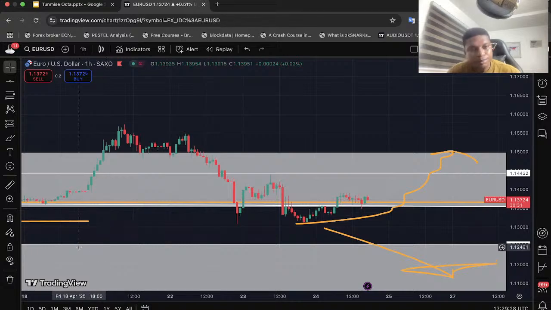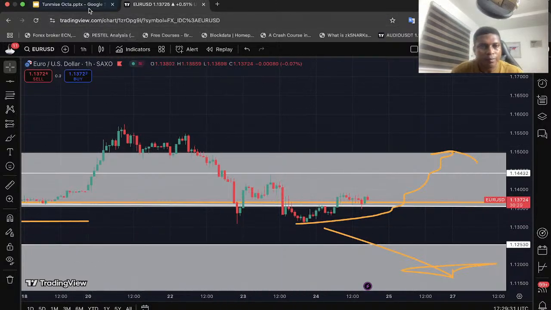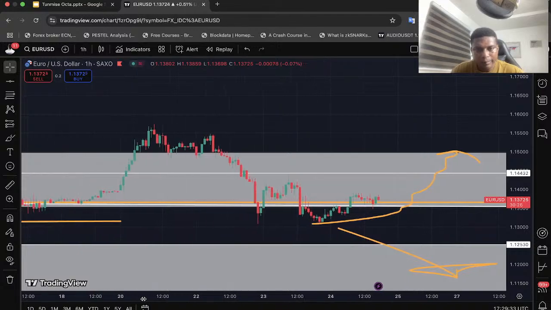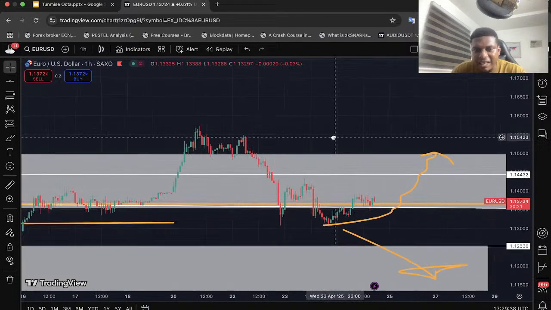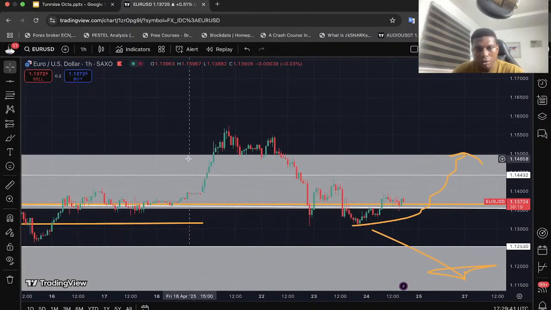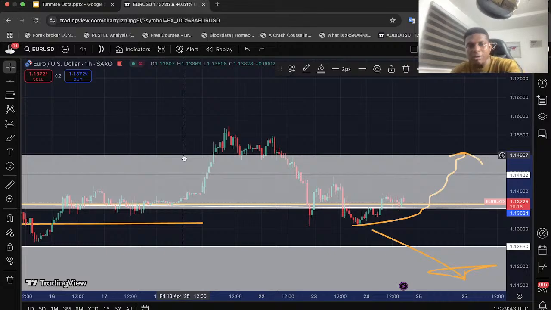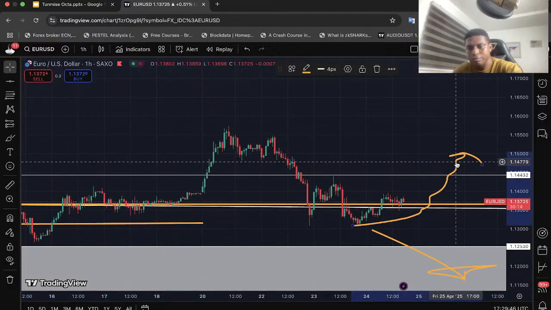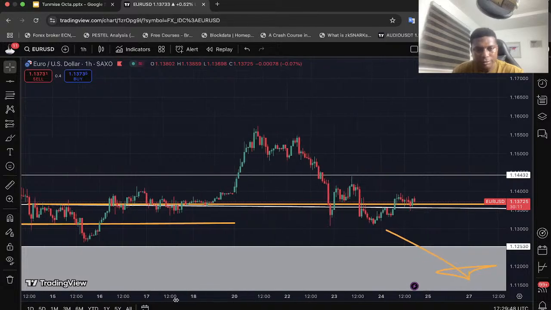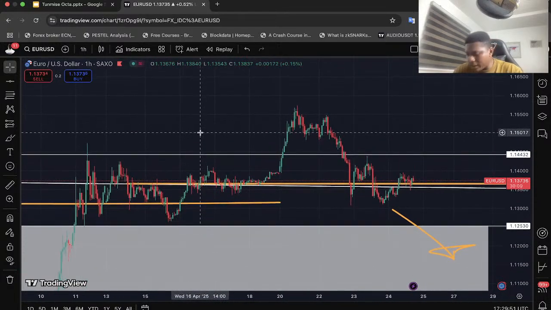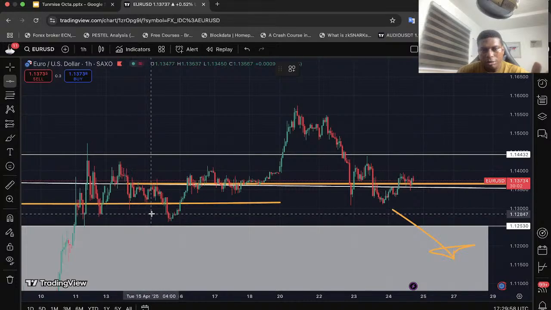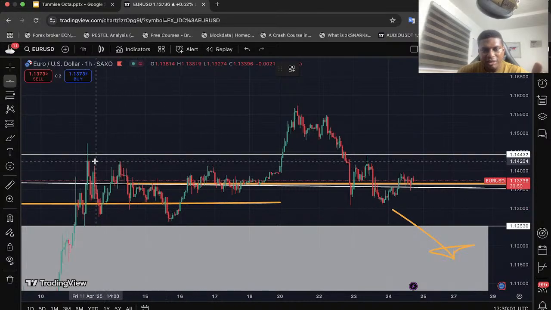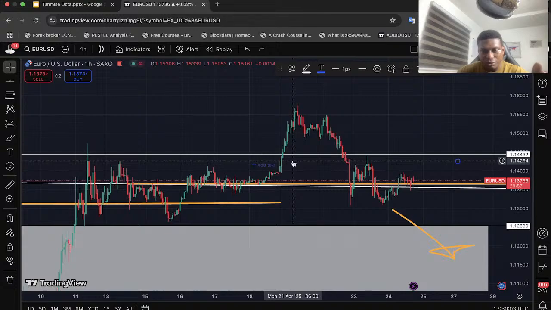Now you can see that the 1 hour time frame is also giving us that picture, where we have price consolidating at these levels.